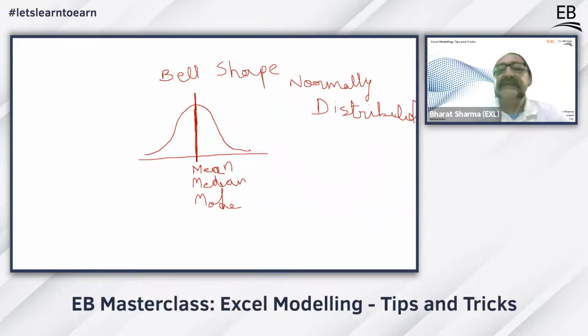The second point it said is that if your data is normally distributed, or bell-shaped, then this central tendency point, which is either mean, median, or mode, because all three will be equal to each other, will divide your entire data set into two equal halves, with 50% of your data on one side and 50% of your data on the other side.